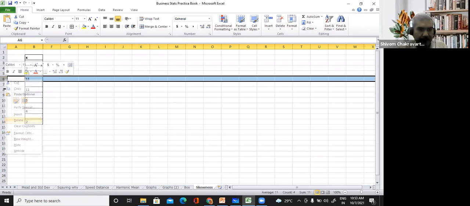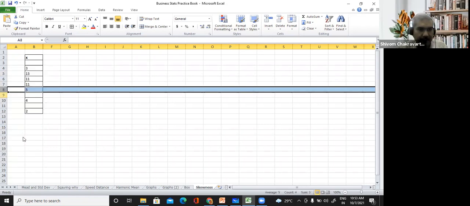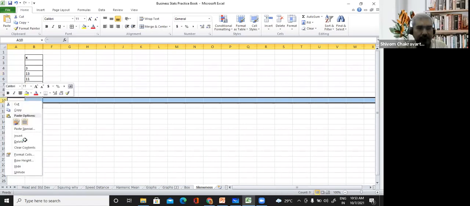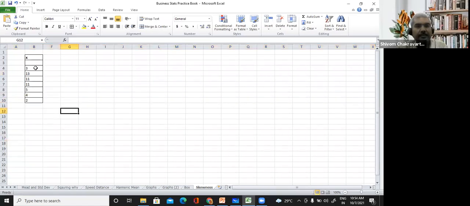You note down this data in your notebook, and we will try to find the skewness of this data. So this is the data: 3, 13, 11, 11, 5, 4, 2.